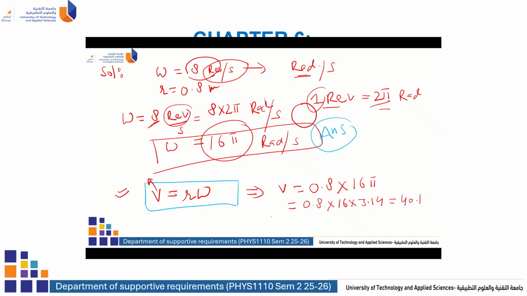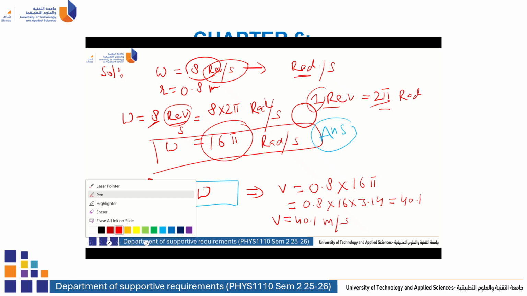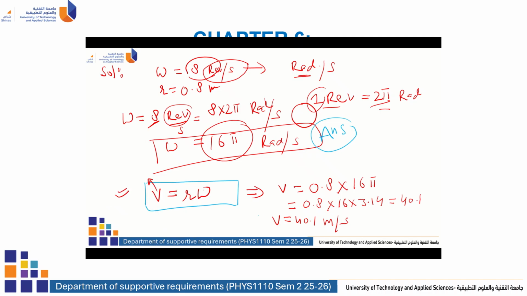So the value of the linear speed is 40.1 with the unit of meter over second. This is the answer for the linear velocity.